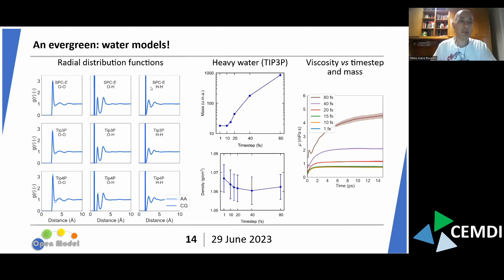Then we compare the radial distribution functions, and in this case, they match exactly that of the reference model. And for the coarse grain, we backmapped the position of hydrogen atoms, but we did not relax the system further.